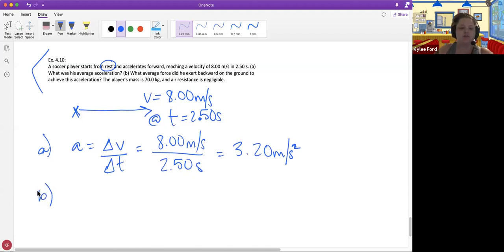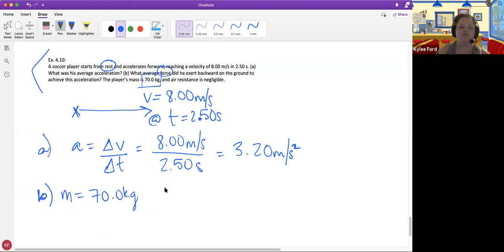Now moving on to part B. It asks what average force did he exert backward on the ground to achieve his acceleration? It tells you that the player's mass is 70 kilograms, so I'm going to write down his mass real quick. And I want to know the force.